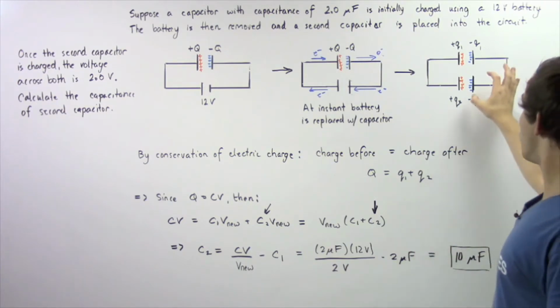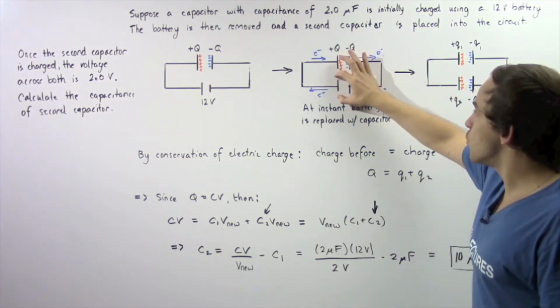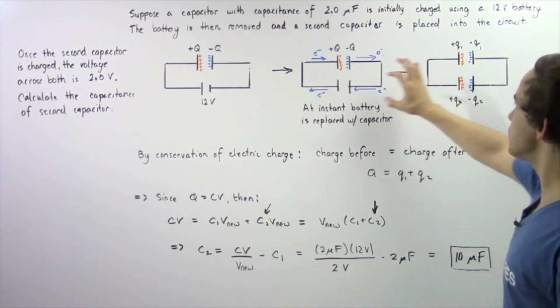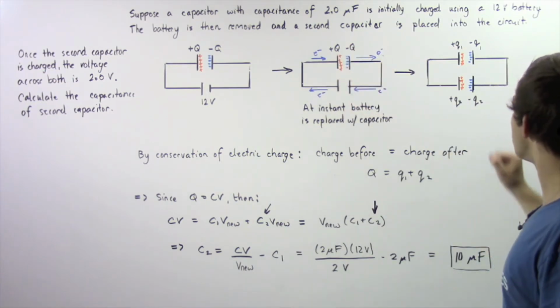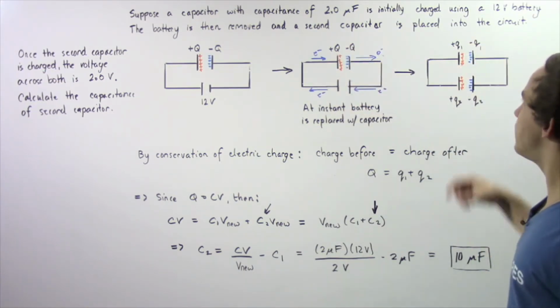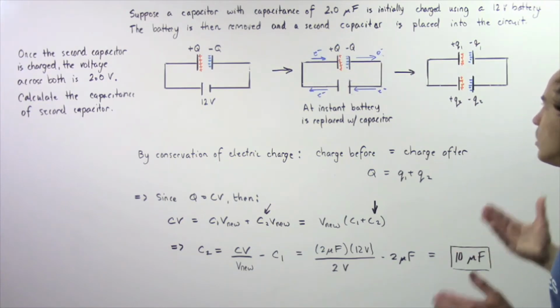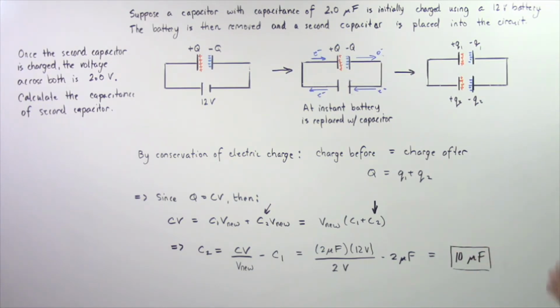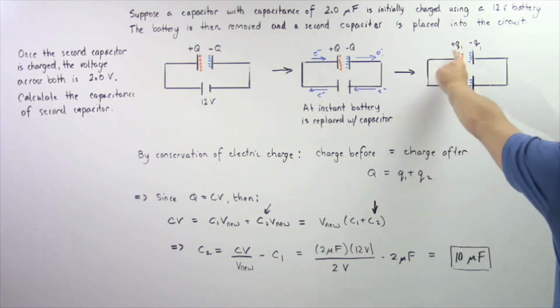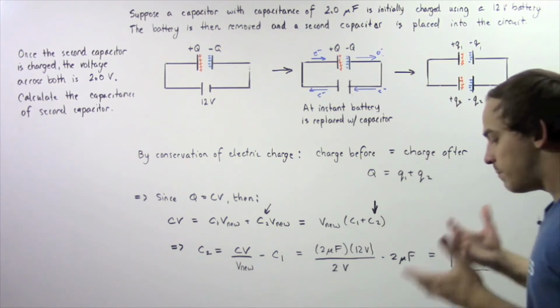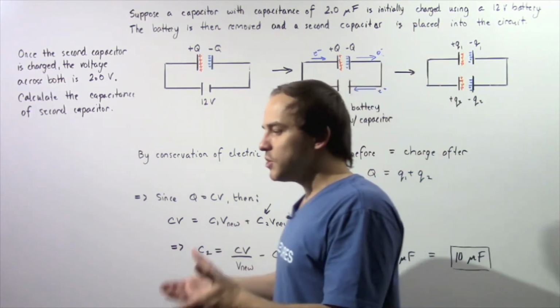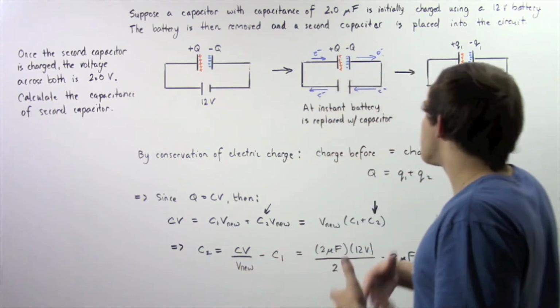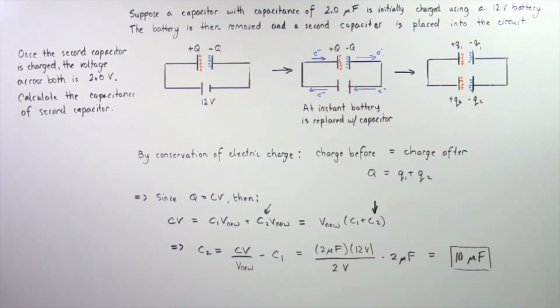Eventually this will gain a negative charge, this will lose a charge, so this will become positively charged, while this will still be positively charged, but it will have a slightly less positive charge because it gained some electrons. So there will basically be a redistribution of electric charge after some quantity of time has elapsed.